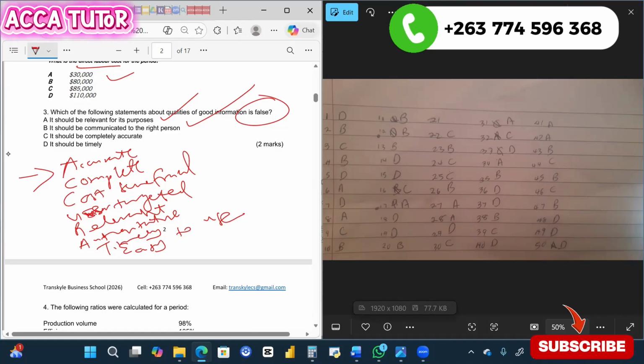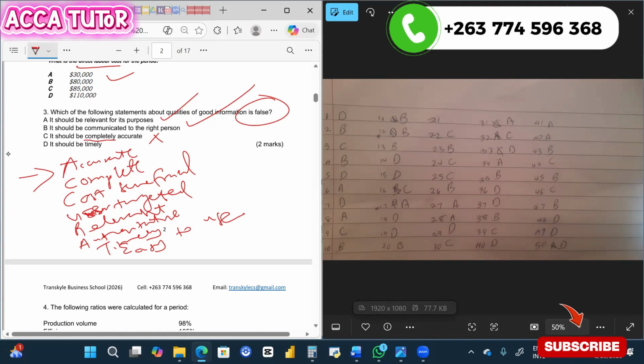So it just has to be sufficiently accurate, but strict accuracy is not going to be helpful. So this one, because of this wording completely, becomes false.